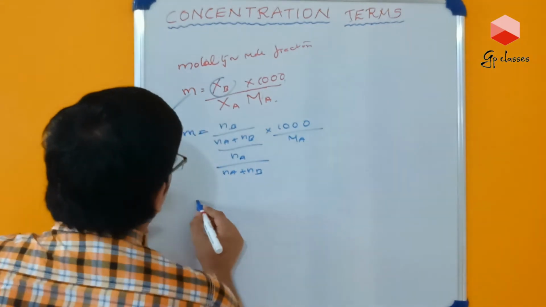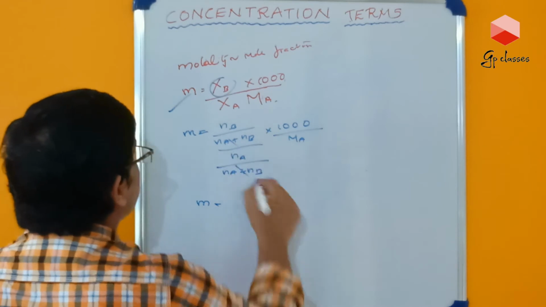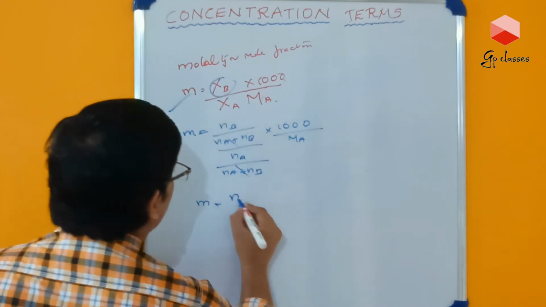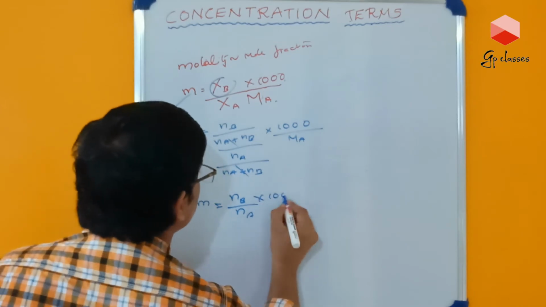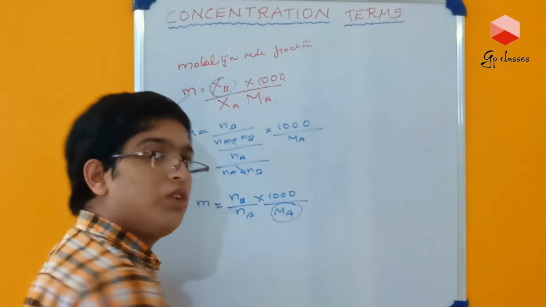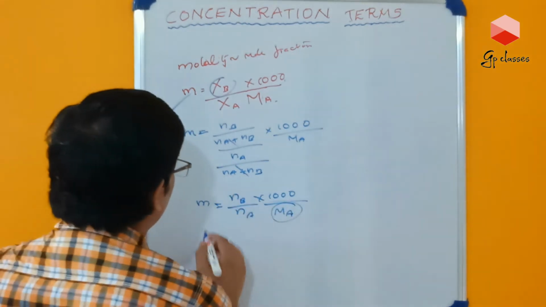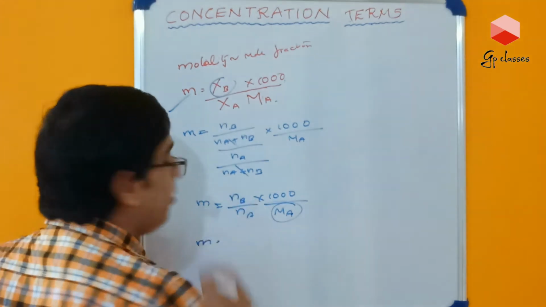Now I can write molality small m is equal to, this will be cancelled off, so Nb by Na into 1000 divided by Ma. This is actually the molar mass of solvent. What is Nb?